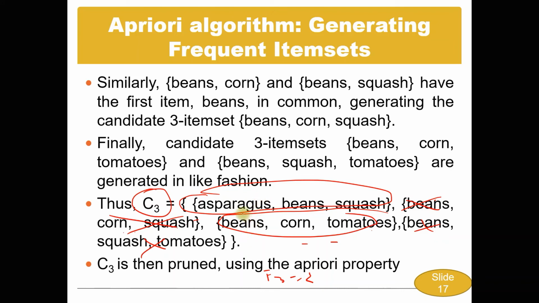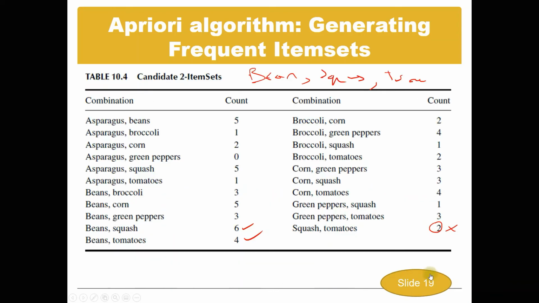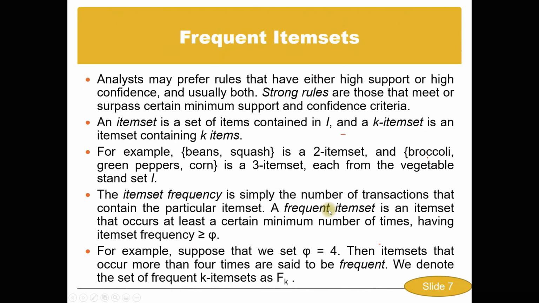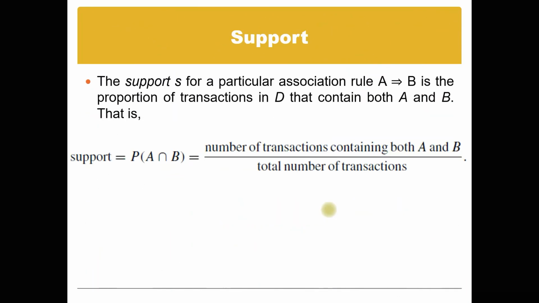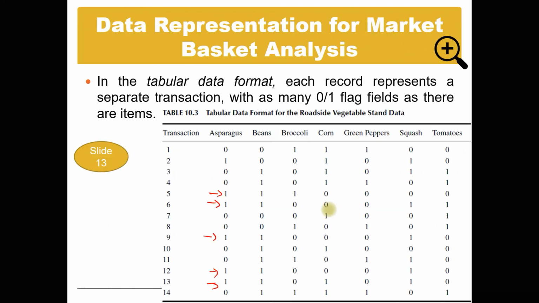So what do we do? Let's have a look at asparagus, bean, and squash. How many times do they occur together?